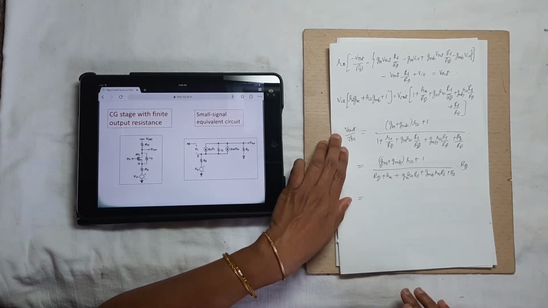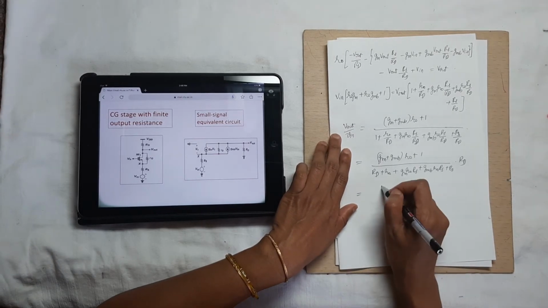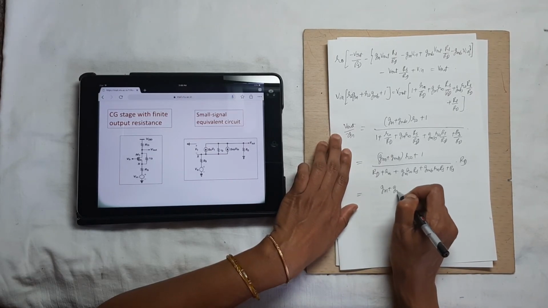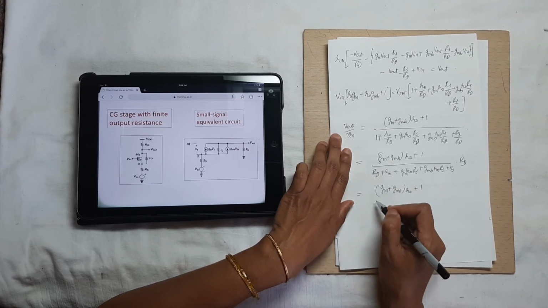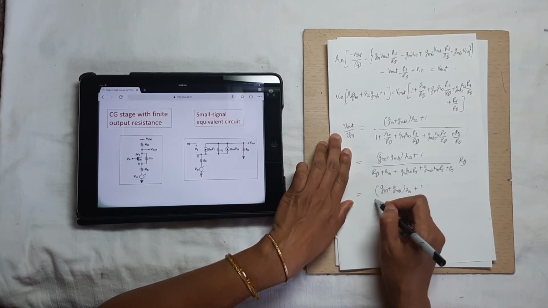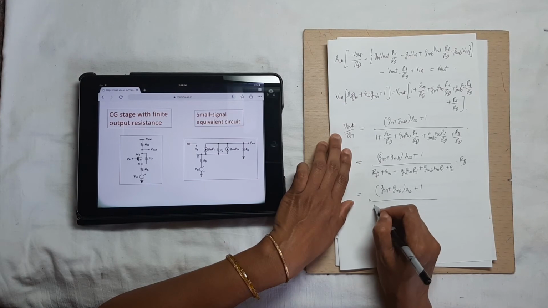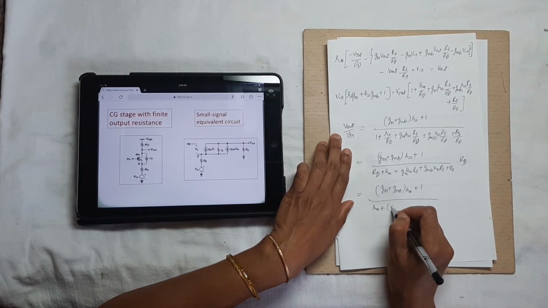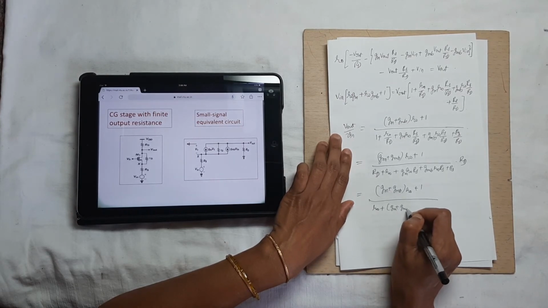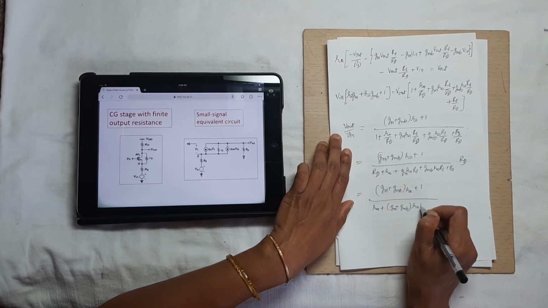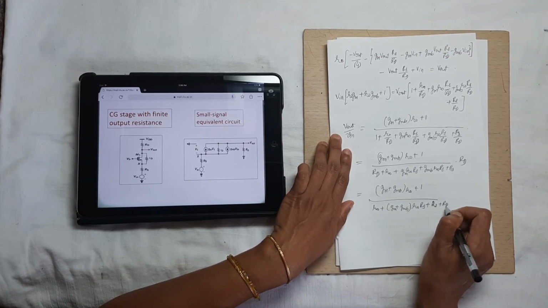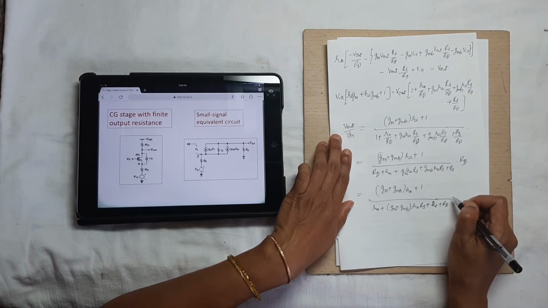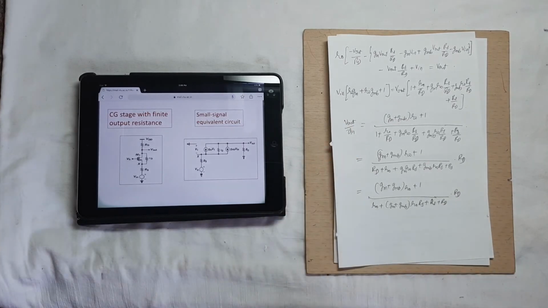This is equal to GM plus GMB RO plus 1 divided by RO plus GM plus GMB RO RS plus RS plus RD, multiplied by RD.